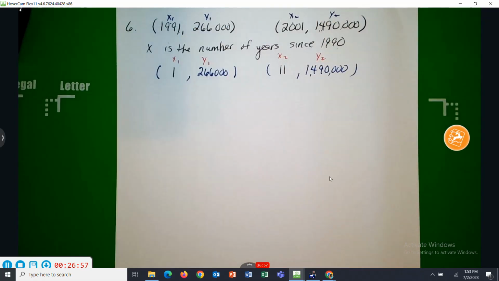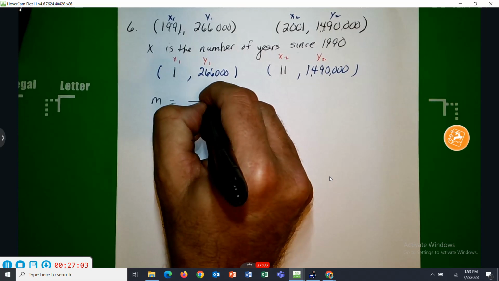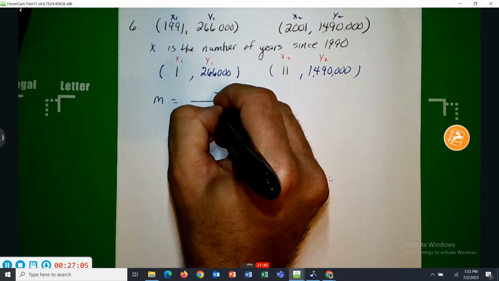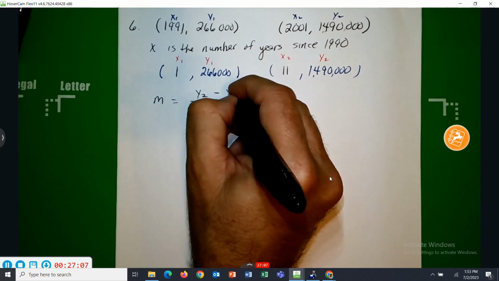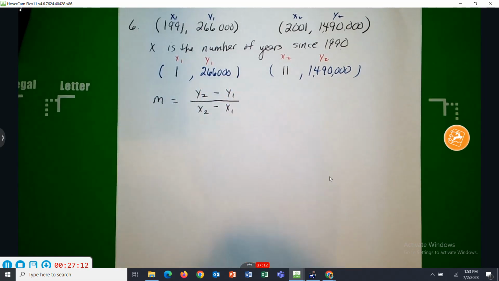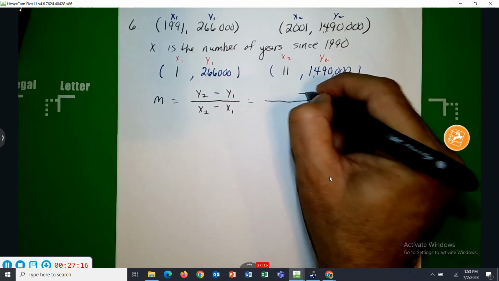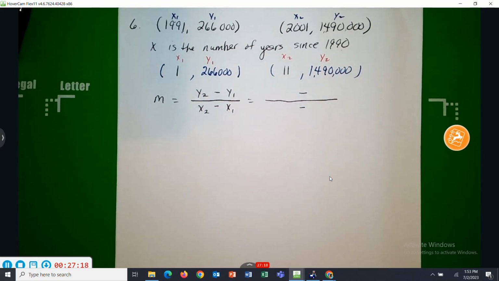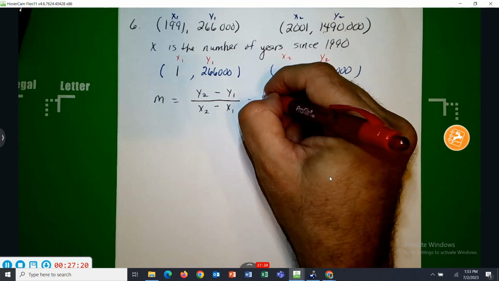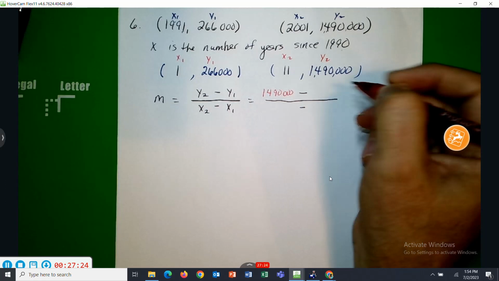You got to read that really carefully. So y2 minus y1 over x2 minus x1. Y2 is 1,490,000.